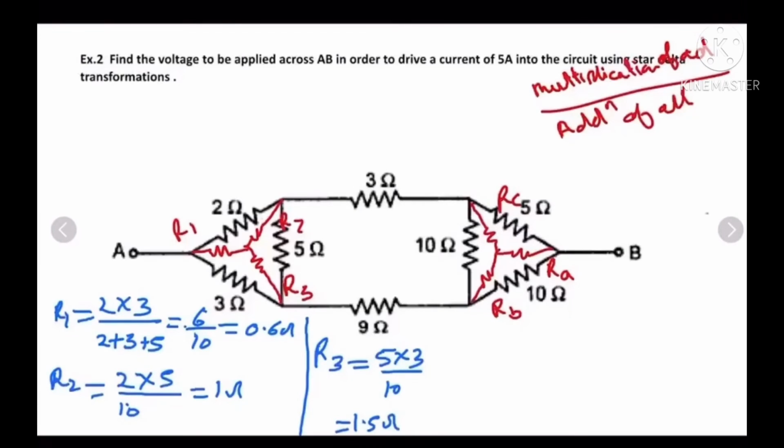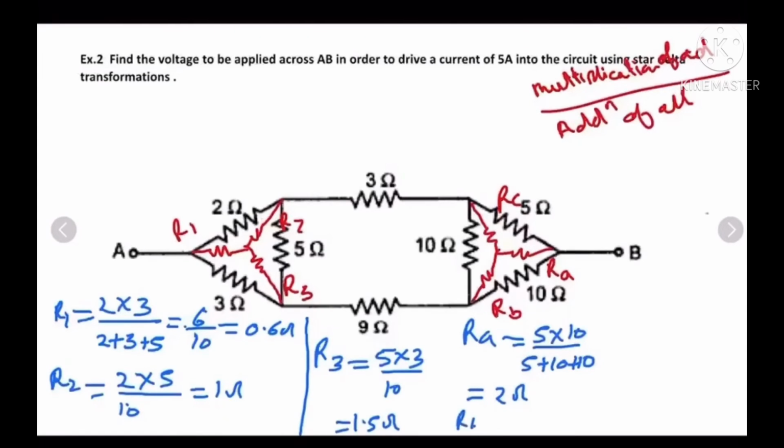Similarly, we will go for the next delta, that is RA. RA is here, so its adjacent elements are 5 and 10. So 5 into 10 divided by 5 plus 10 plus 10, that is 25. 50 divided by 25 is going to be 2 ohm.